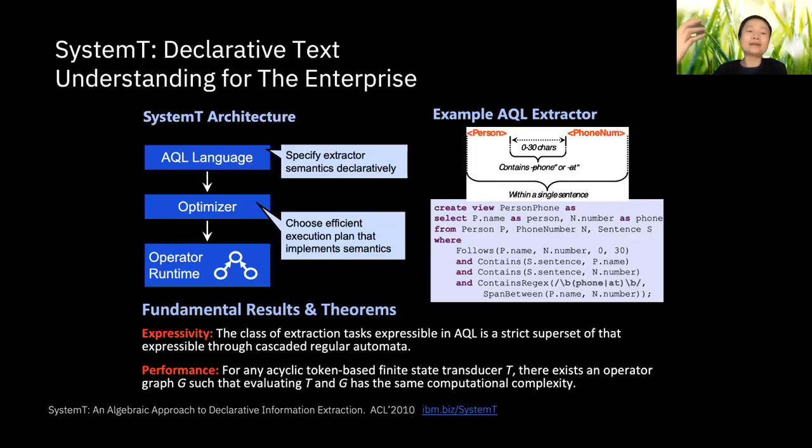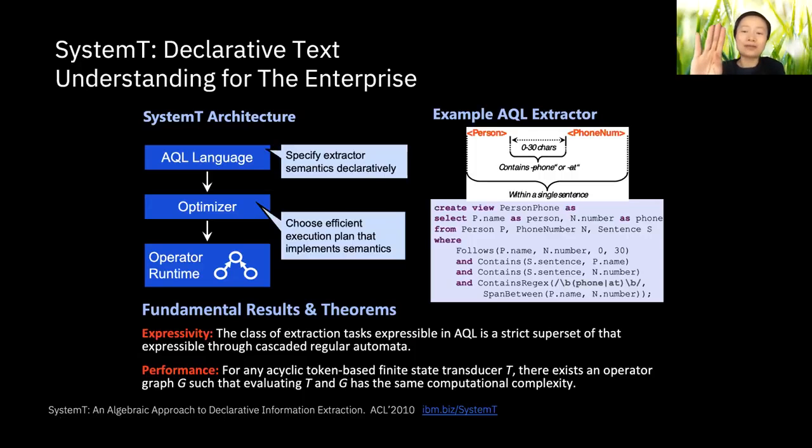So you can express your algorithm in this language, which will then be compiled by our optimizer into an execution plan, and the execution plan will then be executed by the operator runtime. If you look at the right-hand side, this is a very simple relation extraction, right?